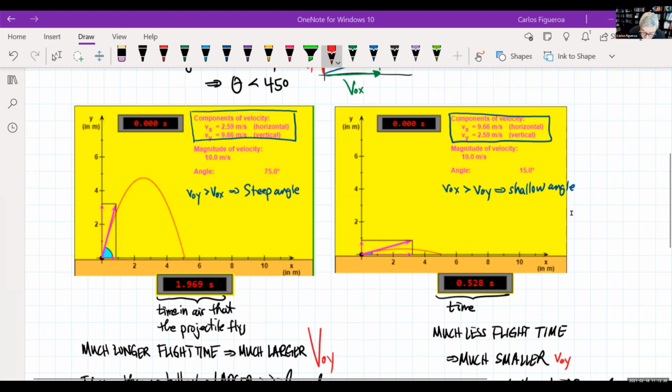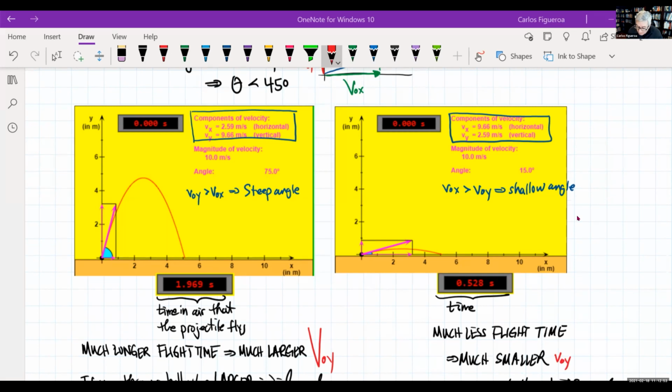One of the first things that I asked you to note, if you look at V initial y being the steep angle, is that Vy is about 9.7, whereas Vx is 2.6. That's what I mean by a steep angle. Whereas if you look at the other case where the components are reversed, x is much larger than the y one.